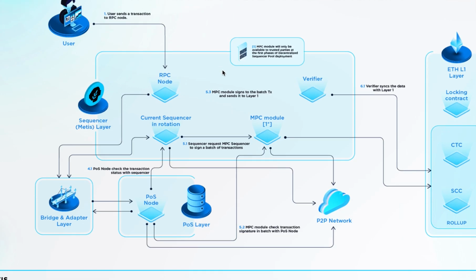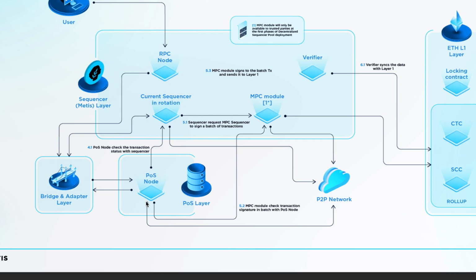Now, the POS node, which is the proof of stake node, is responsible for verifying that the transaction is valid. It checks the transaction status with the sequencer, and the POS layer is a consensus mechanism where validators participate in transaction validation.